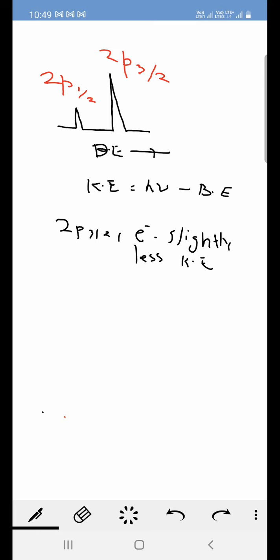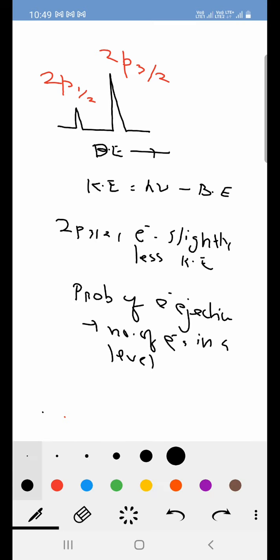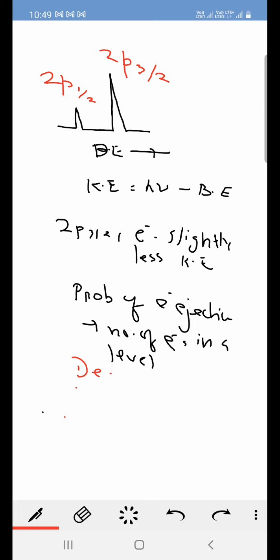So the probability of ejection depends on the number of electrons in a level, and it is actually the degeneracy.